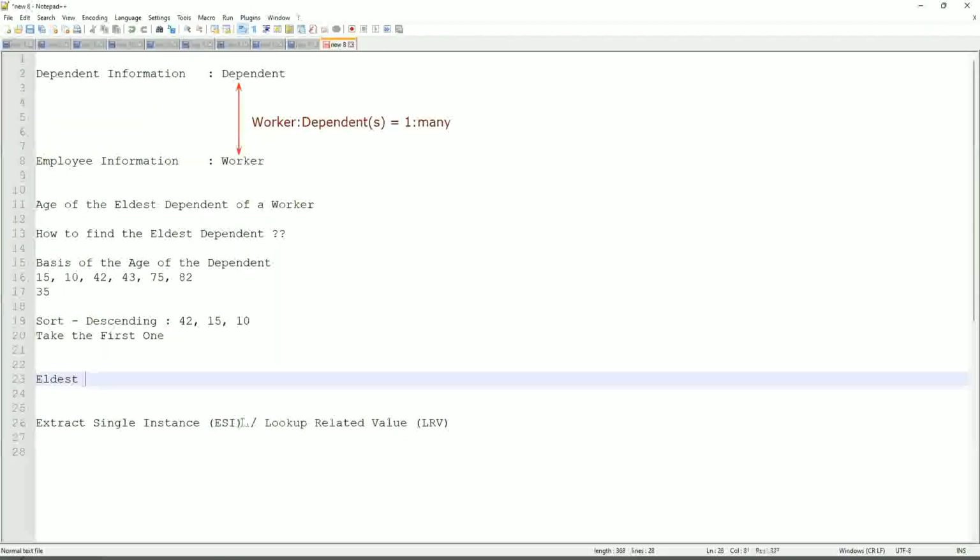We do not leave with only ESI. Once we extract the ESI, we use it to get some value. That's the LRV. Like here, we are going to get the age of the eldest dependent. The eldest dependent will be returned by the ESI, and the age of that eldest dependent will be an LRV.